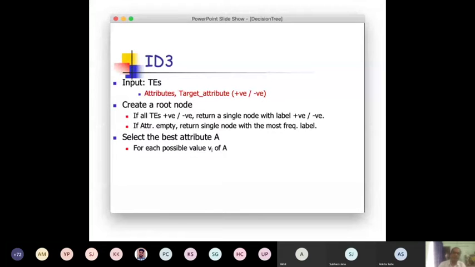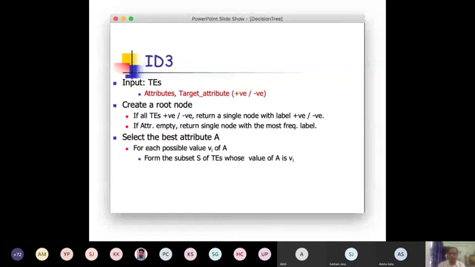If a value is vi, for example, of A, find out the subset of training examples you are handling presently at that node which has the value of A equal to vi.